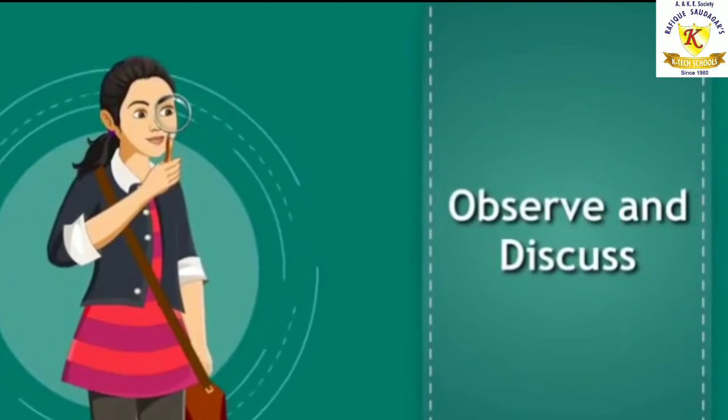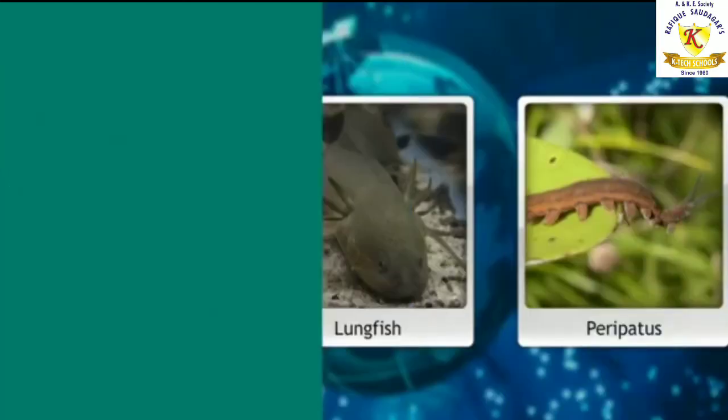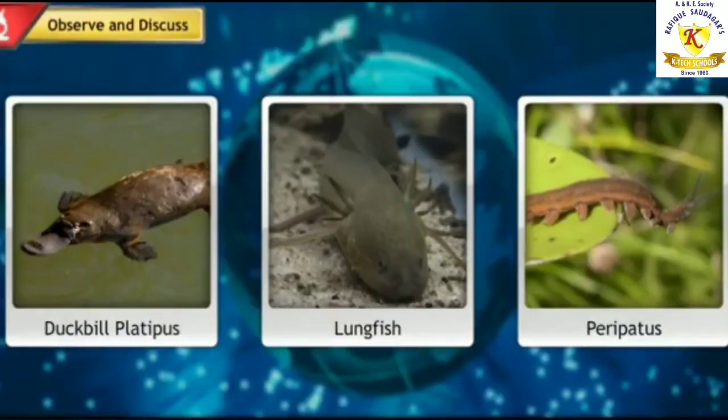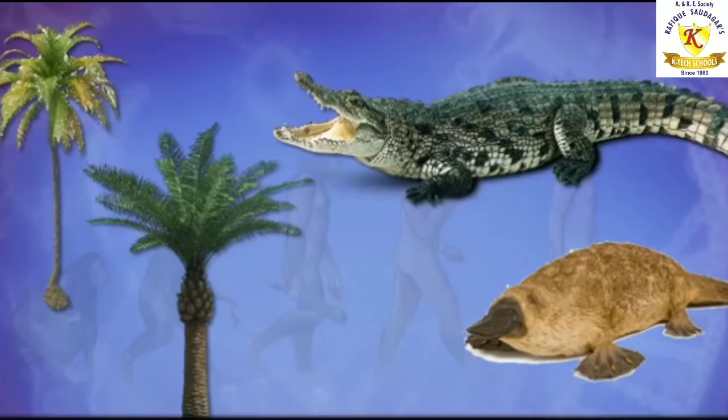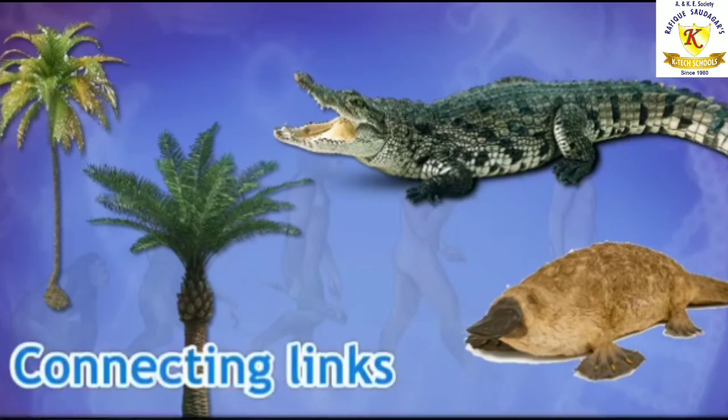Children, let's observe and discuss something. Observe the following pictures and discuss the characters observed. Some plants and animals show some morphological characters by which they can be related to two different groups. Hence, they are called as connecting links.